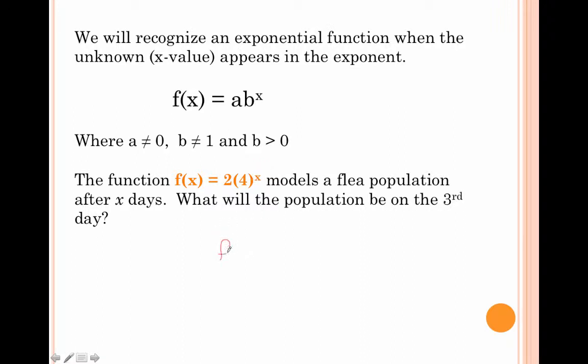So I've got f of 3 equals 2 times the quantity 4 raised to the third power. And I'm just going to use my calculator and calculate 2 times 4 to the third, which is 128. So after 3 days, I will have 128 fleas.